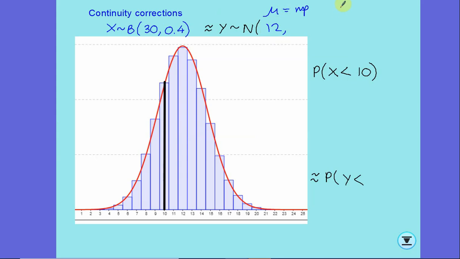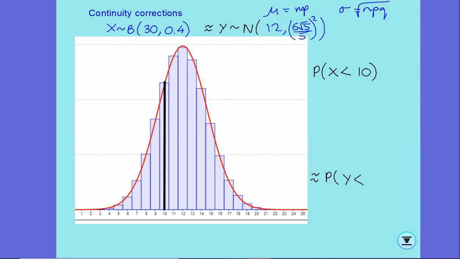Now, the standard deviation is npq. We've already got np, so you times it by the probability of not successful, 0.6. And then, remember, we have to square root it as well. So, square root of that, and we get 6 root 5 over 5.